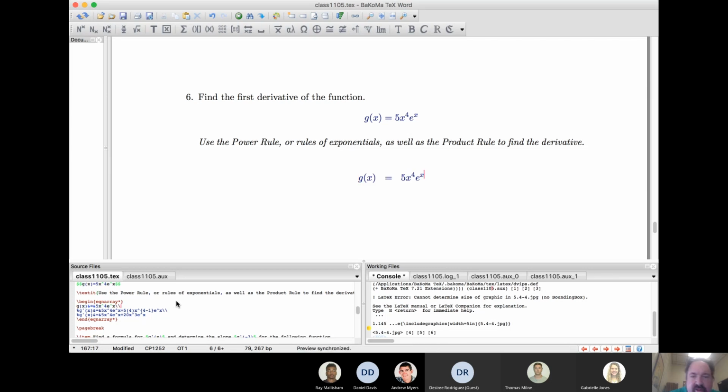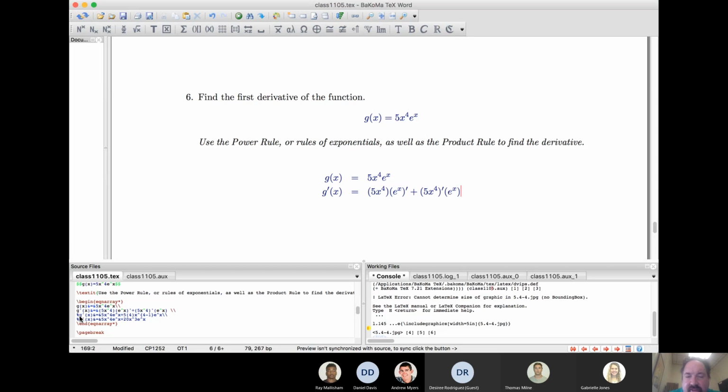So what the product rule would give is going to have 5x to the fourth, the first item in your product, times the derivative of e to the x, plus the derivative of 5x to the fourth times e to the x.